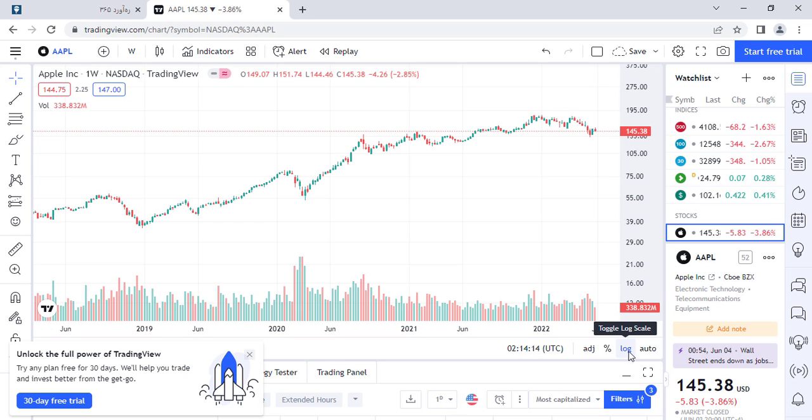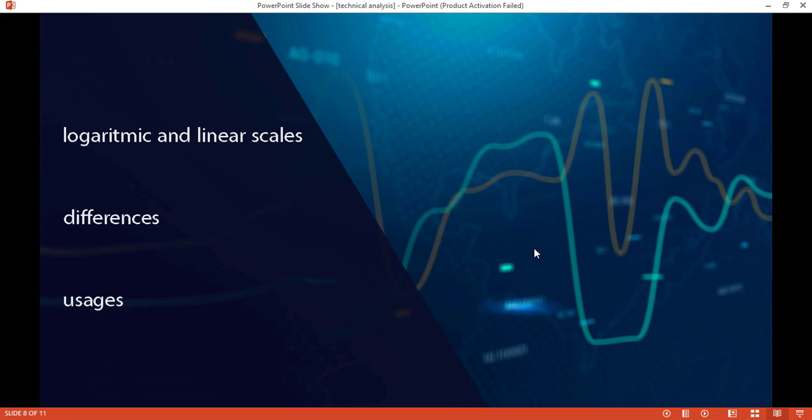In short term, there is no specific difference between these two types of chart scales, and you'd better use logarithmic scales if you are using long term charts. Yes. We have talked about the differences and usages.